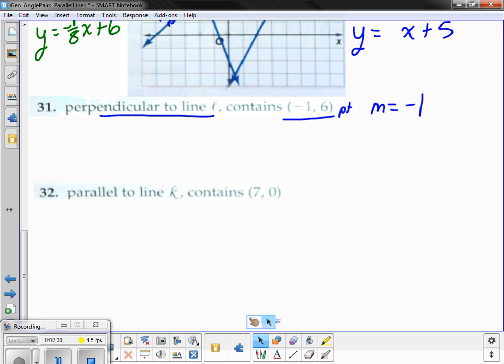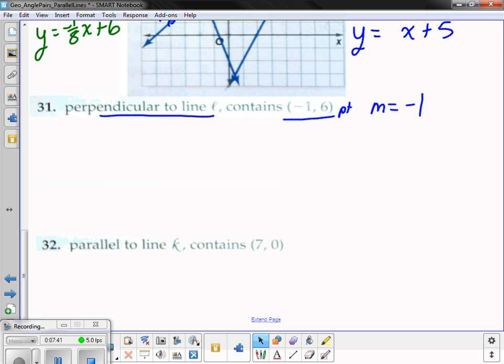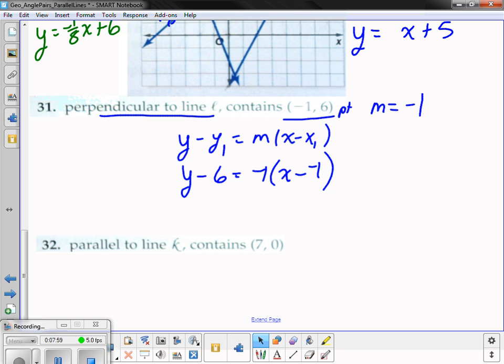Okay, that's kind of a neat feature there. So the first thing I'm going to do is y minus y1 equals m times x minus x1. I like to use this equation. So y minus 6, the y1, equals the slope, negative 1, times x minus negative 1, the x1. Since this is my x1 and that's my y1, I plug them right into the formula, and there's my m.